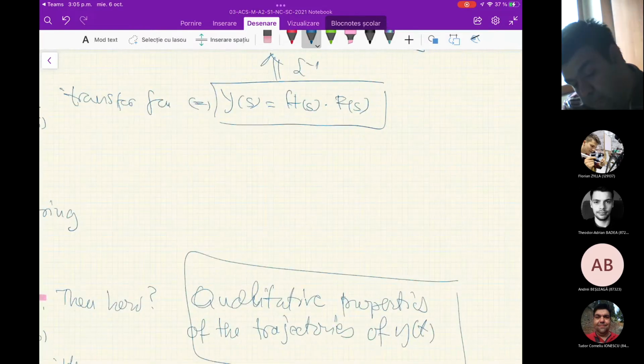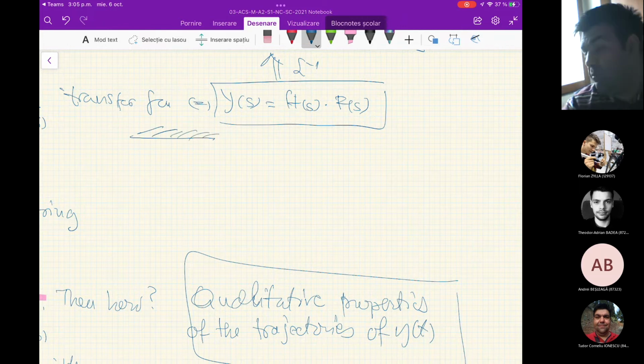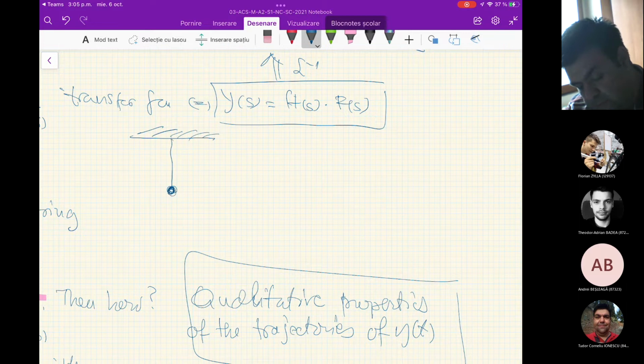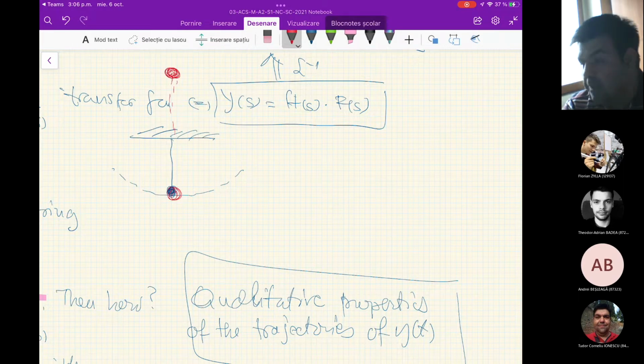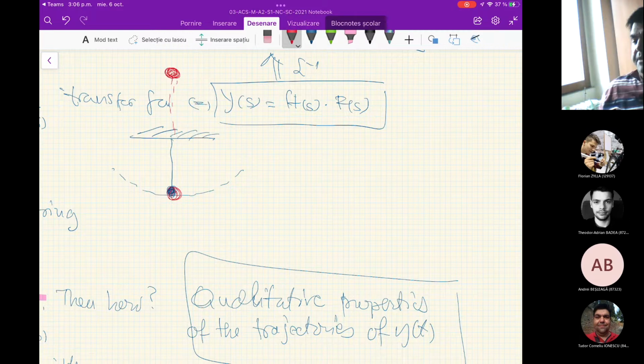For instance, one of the main examples we're going to discuss all throughout this lecture is the gravitational pendulum. So, what are the equilibrium points of the pendulum? This is an equilibrium point, but also this is an equilibrium point, you see? But they're all isolated because in between them, there is no other equilibrium point.